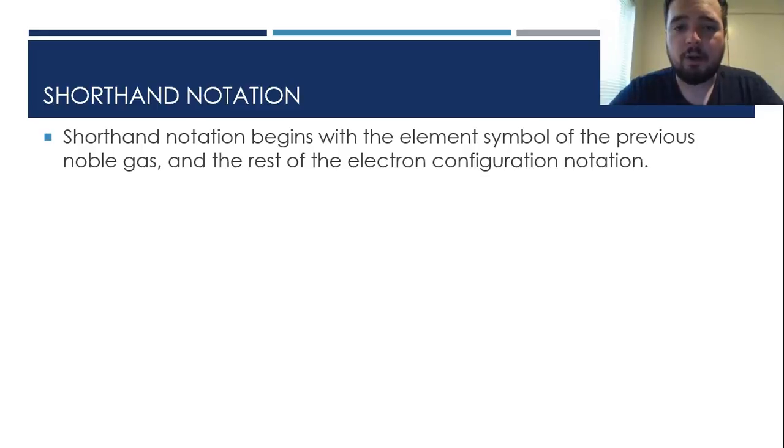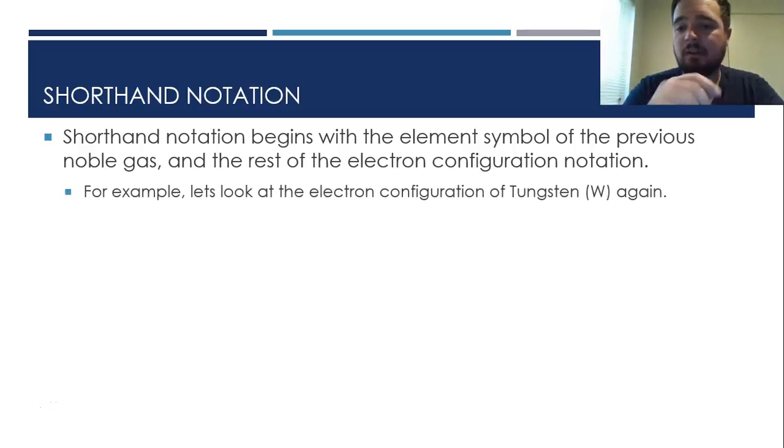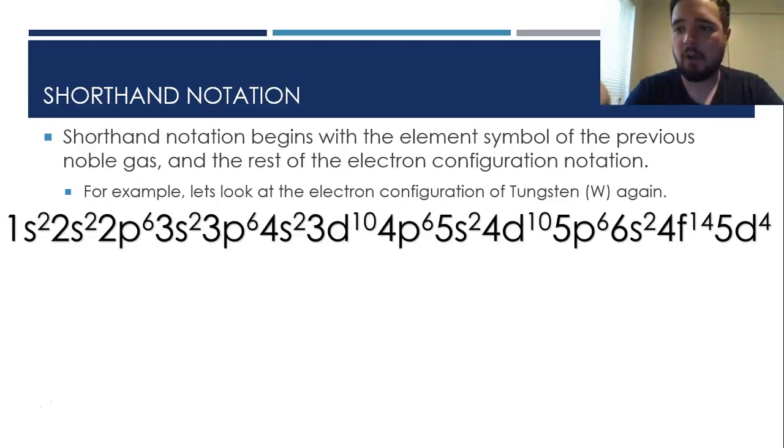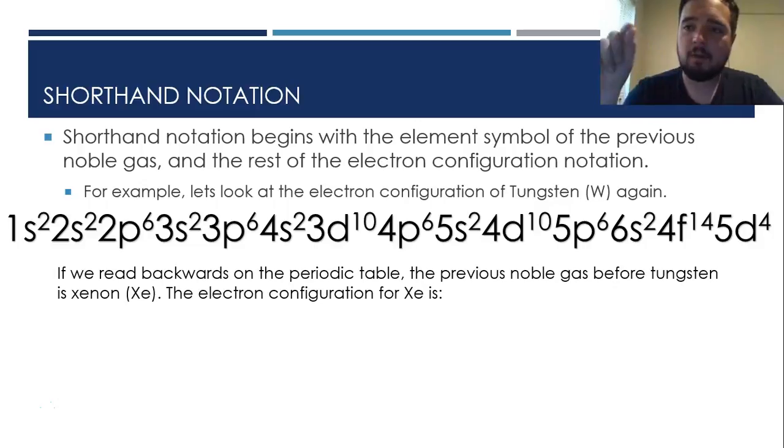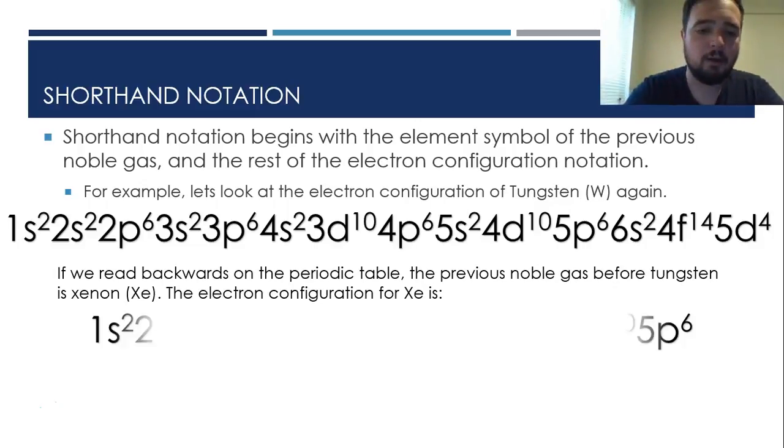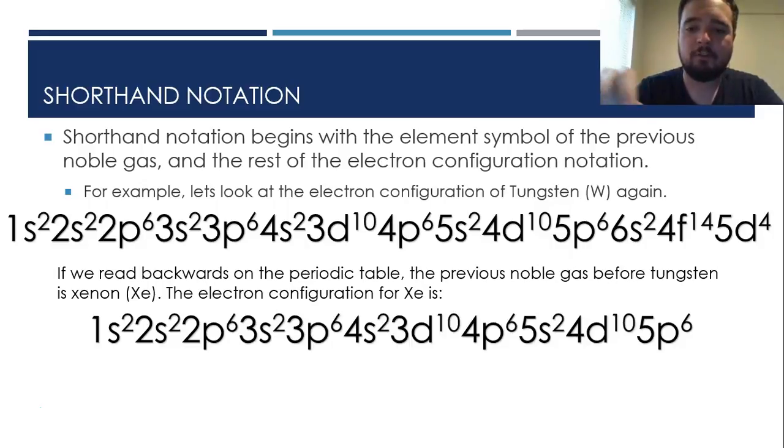So again, shorthand notation begins with the element symbol of the previous noble gas that came before it, and the rest of the electron configuration notation afterwards. So let's say I was doing tungsten again. We know that the electron configuration is this. But if we look at the previous noble gas, reading left to right, the noble gas that comes before it is xenon, and we know the electron configuration for xenon goes up to the 5p6 mark.